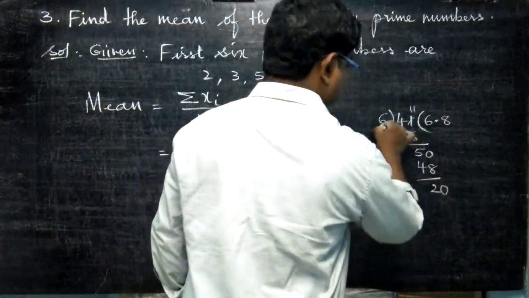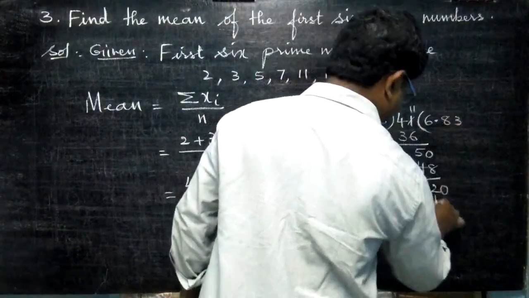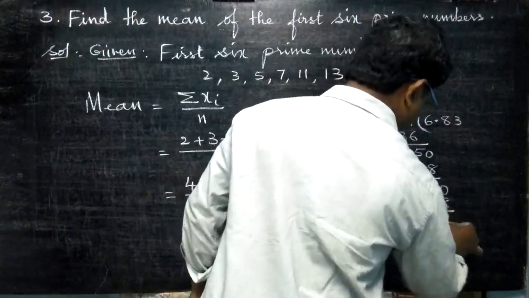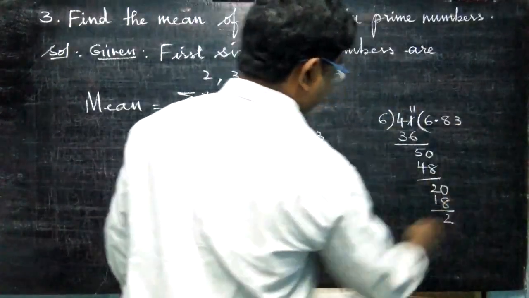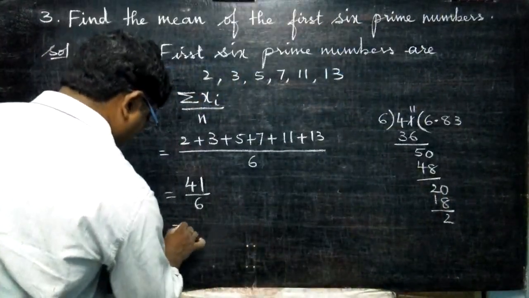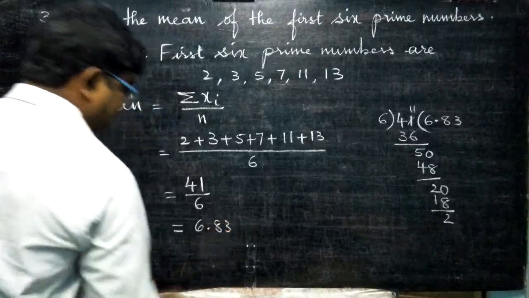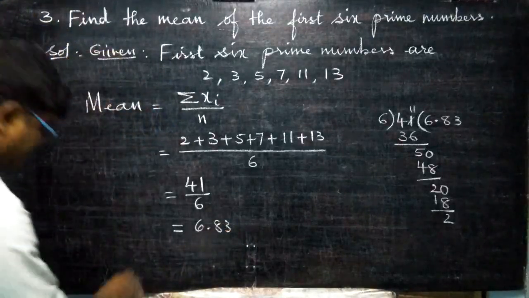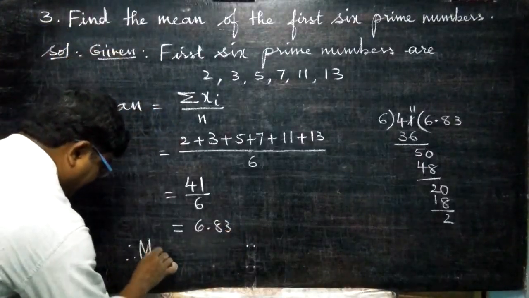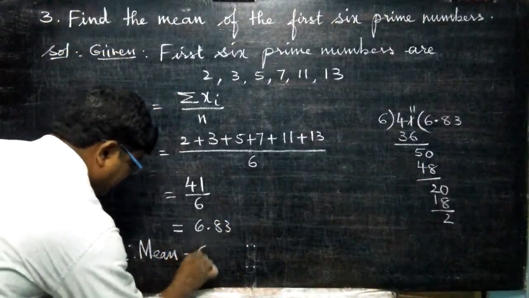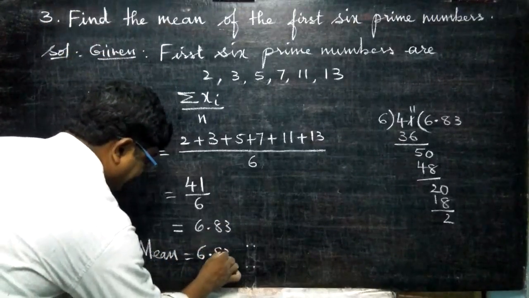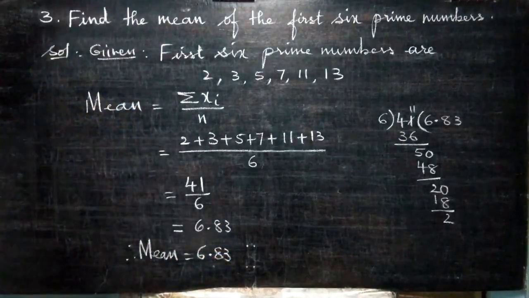So 0. 6 threes are 18. 2 decimals enough. But here 2 is repeating, recurring. So 2 decimals enough: 6.83. They told us to find the mean. Therefore, mean is equal to 6.83. This is the answer.